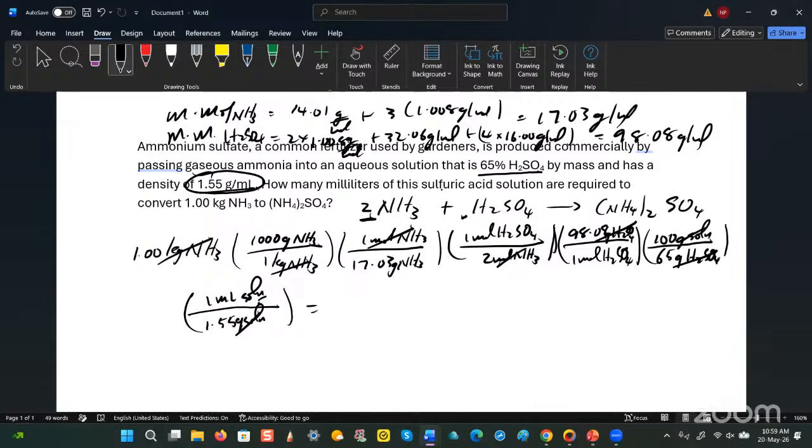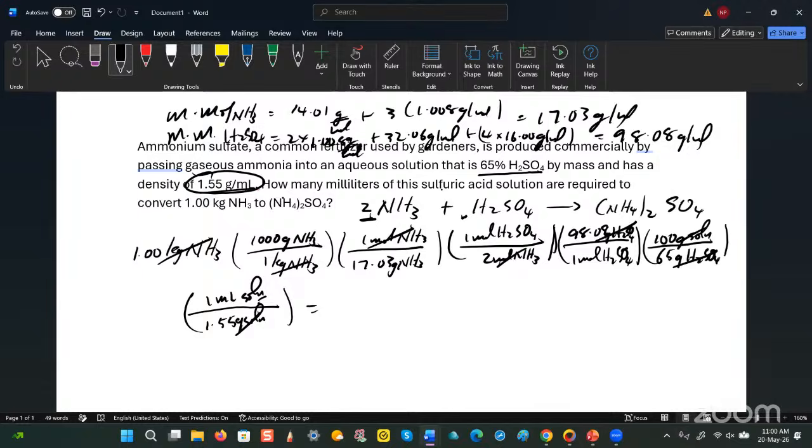So we start off with 1 times 1,000 divided by 17.03 divided by 2 times 98.08 times 100 divided by 65 divided by 1.55.